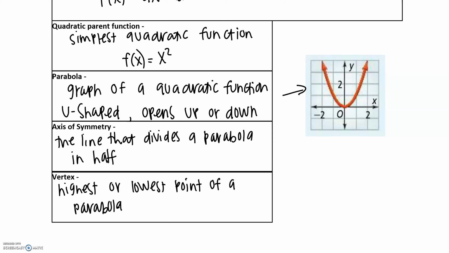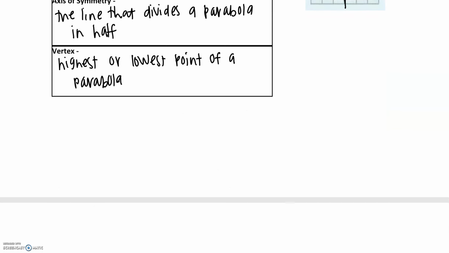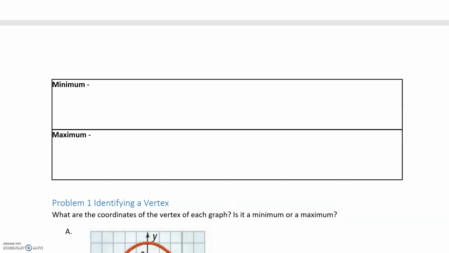So on this parabola right here, our axis of symmetry would just be this line down the middle, and our vertex would be the point on that line that happens to be the lowest point of our parabola. Okay, moving on to the next page.